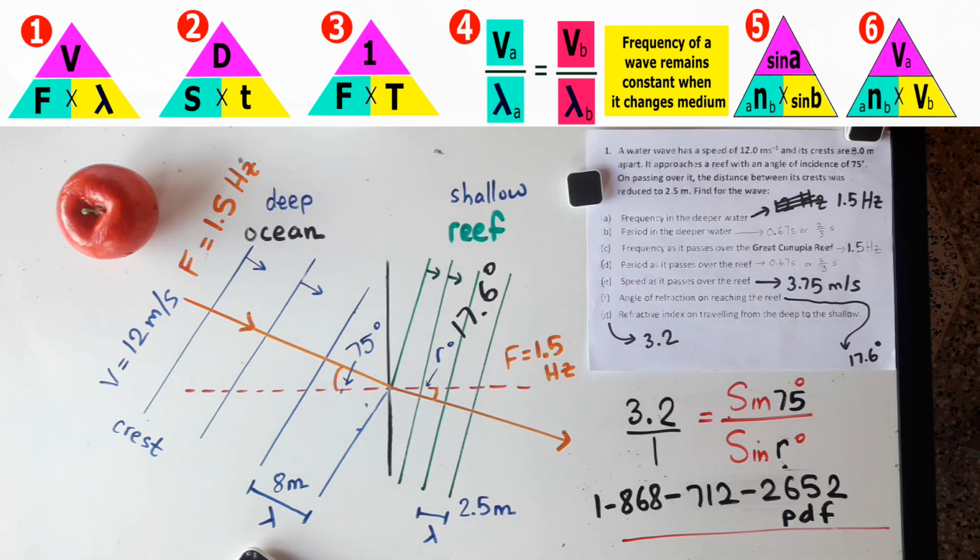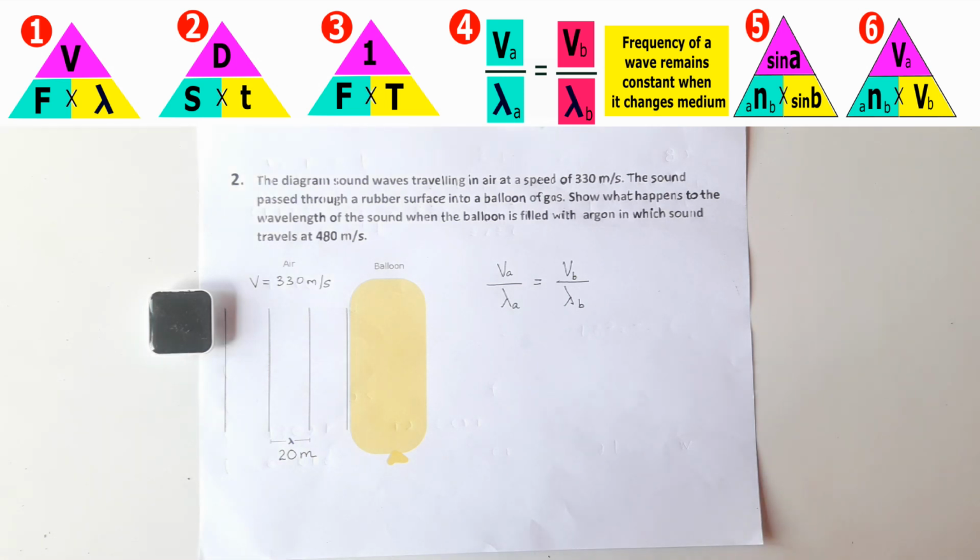All right, let's try another question based on these kind of top view diagrams. So let's try a second question. Now, this question involves a wave going from air trying to go into a balloon, and inside the balloon it's filled with a gas called argon.